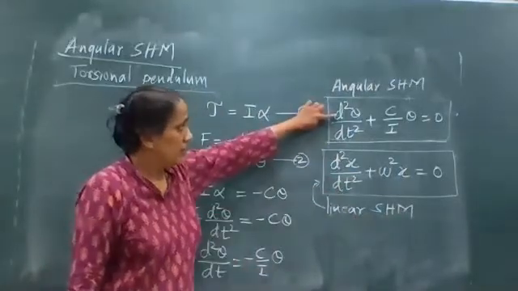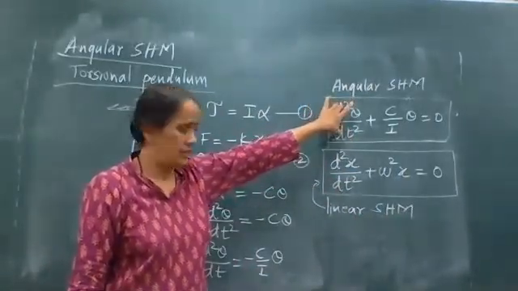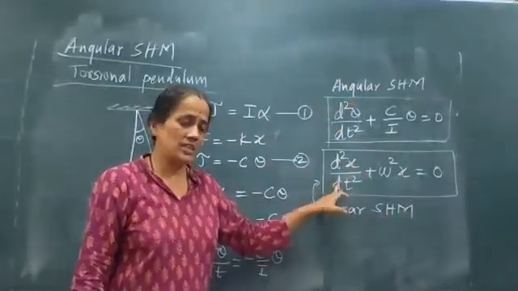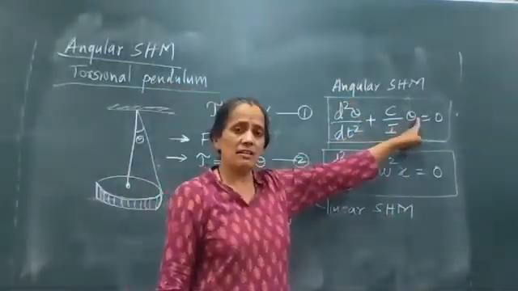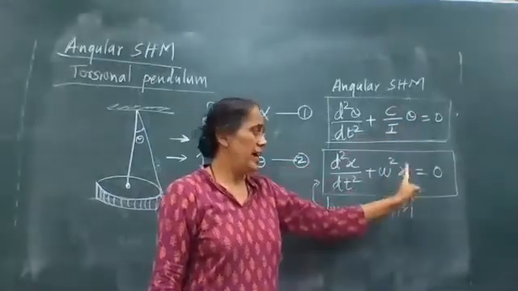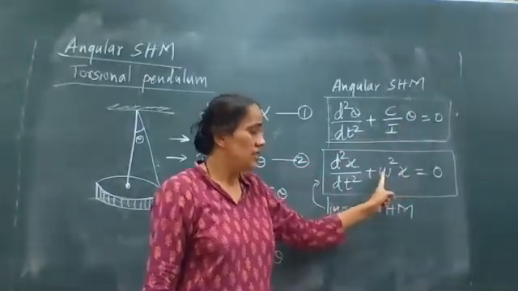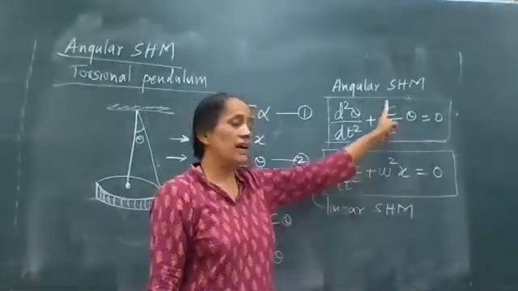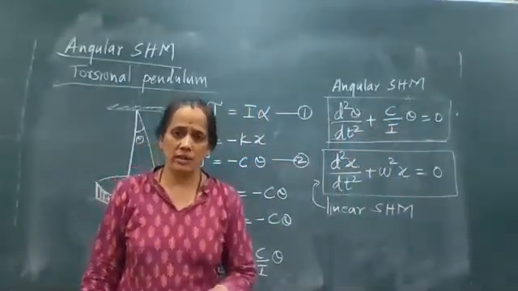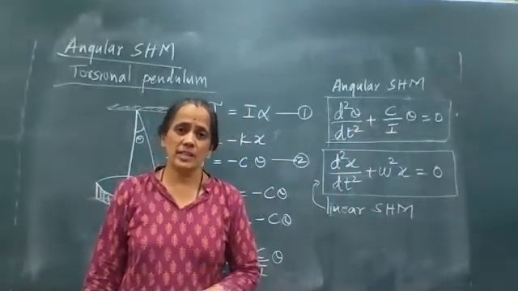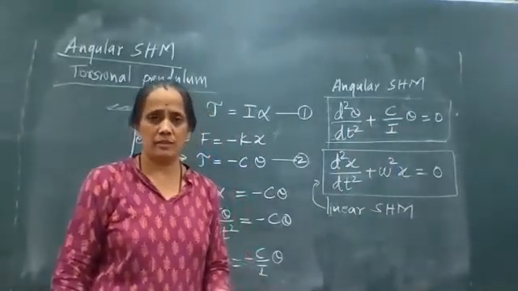Now see here, d square theta by dt square is the angular acceleration. D square x by dt square is the linear acceleration. Theta is the angular displacement. X is the linear displacement. Means I can say that this omega square is equivalent to c by I. And what is omega square? Omega square is nothing but your acceleration per unit distance.